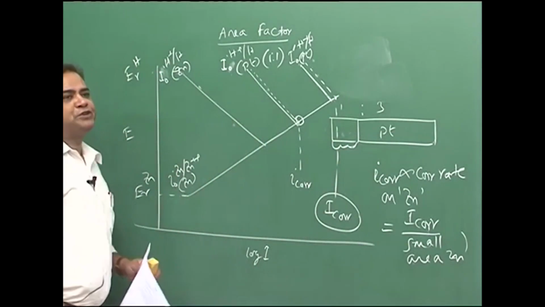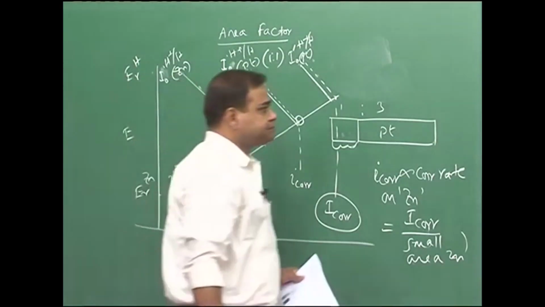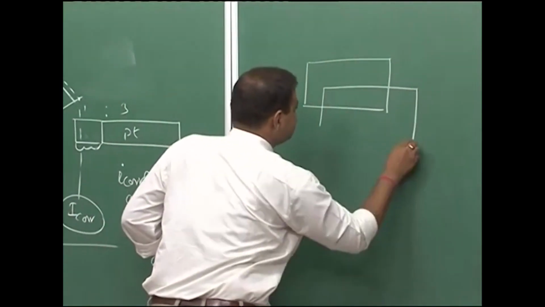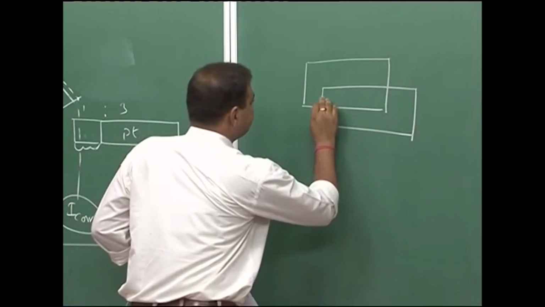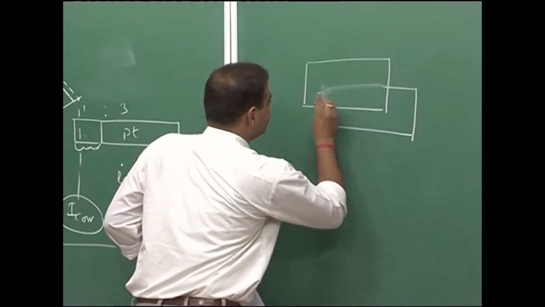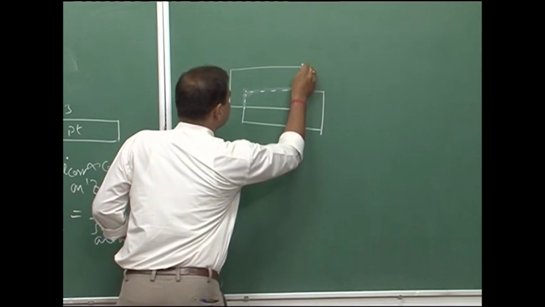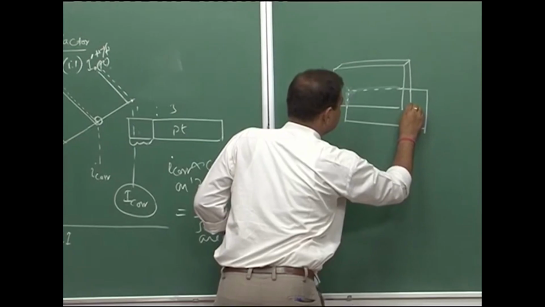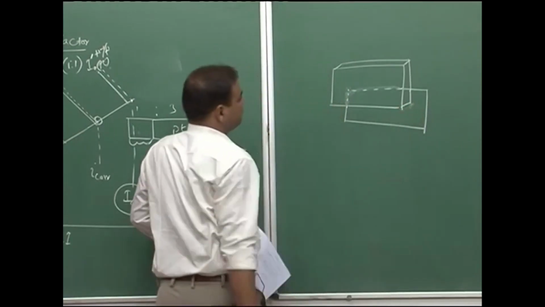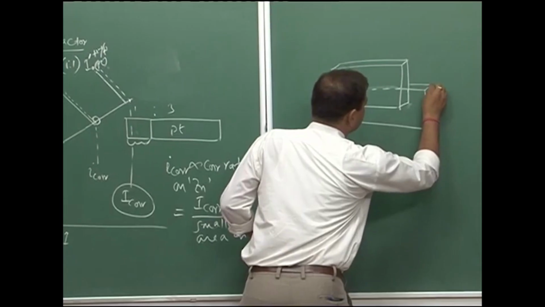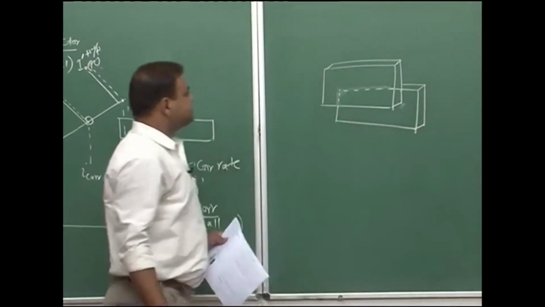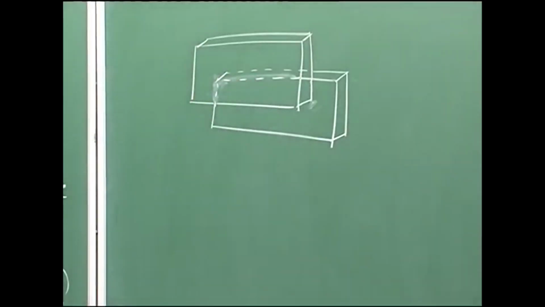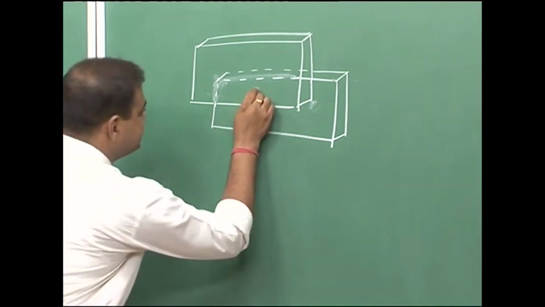Now, the same thing would be true if we have copper plate. This is the 2 copper plate. Now, these 2 copper plates are fastened with steel rivet.